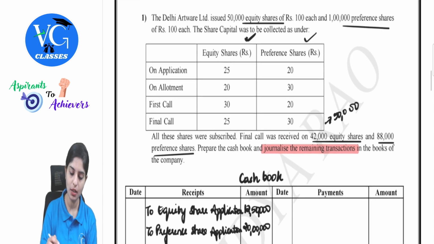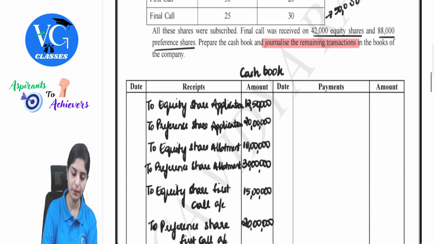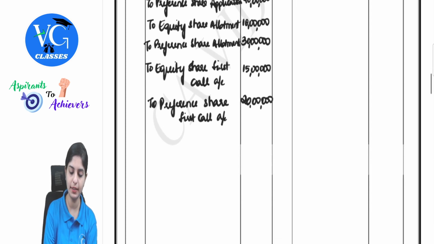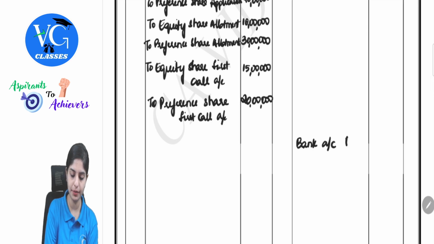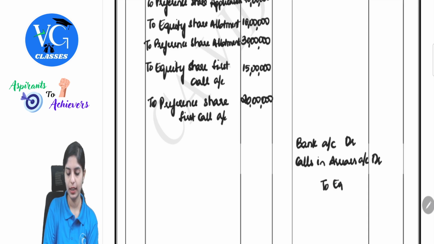So what would the journal entry be? Bank account debit, calls in arrears account debit to equity share final call, because I will have to cancel it out here.